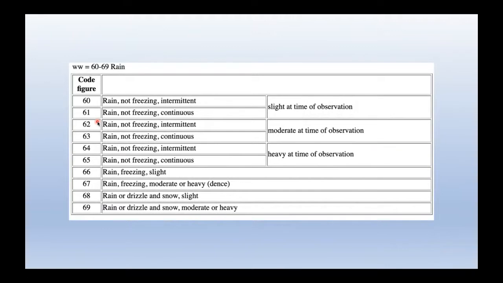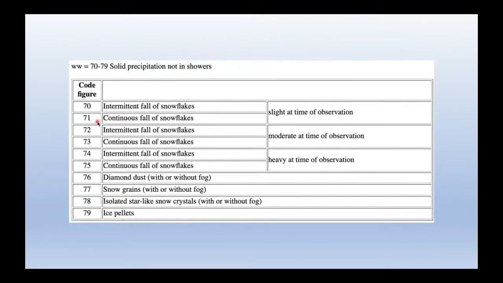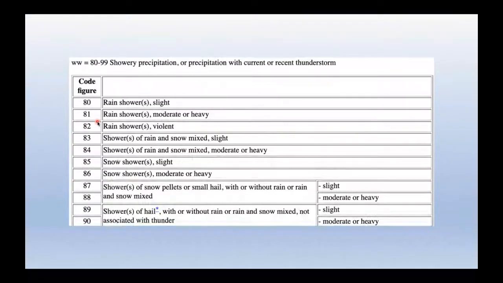Same kinds of things exist for the rain codes and the solid precipitation and the showery precipitation. We've got everything from rain showers that are slight to violent, and showers of snow, or showers of snow pellets and small hail, with or without rain, slight or heavy, moderate and heavy, whatever. So it's a rather finely grained discrimination.